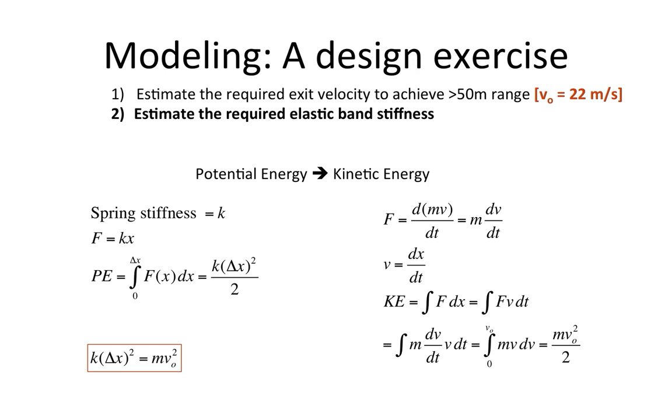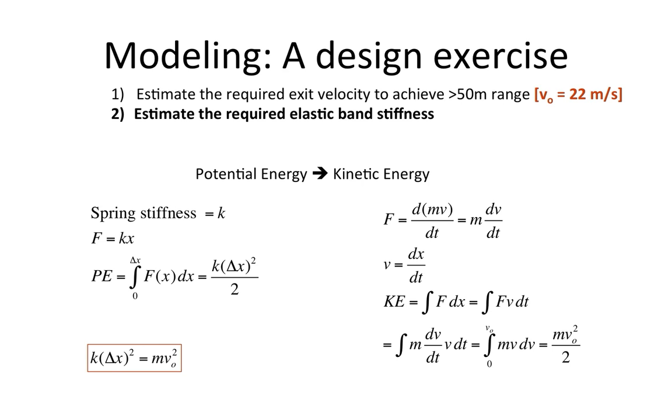Whereas the kinetic energy when the ball leaves the slingshot is the mass of the ball times the velocity squared, over 2. When we set these two things equal to each other, we get k delta x squared is equal to m v squared.